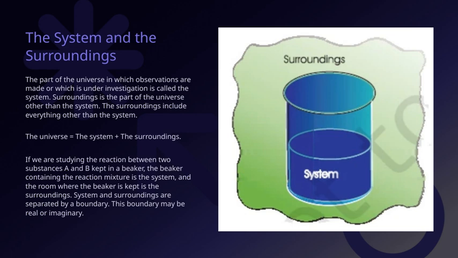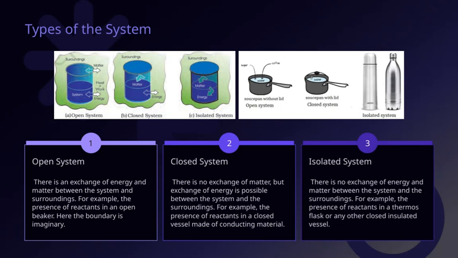Understanding this distinction helps us analyze how energy and matter transfer between the system and its environment, which is fundamental in thermodynamics and chemical reactions. In essence, the boundary separates what we are investigating from the rest of the universe, allowing us to focus our analysis effectively. Let's start by understanding the three main types of systems.